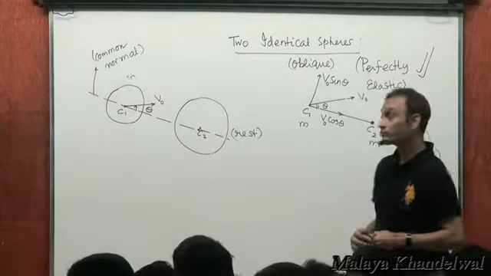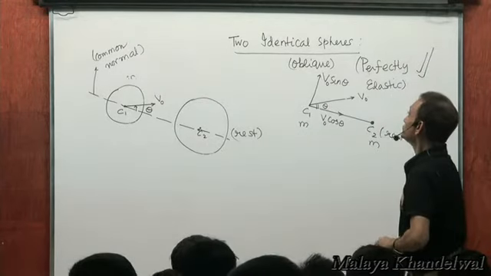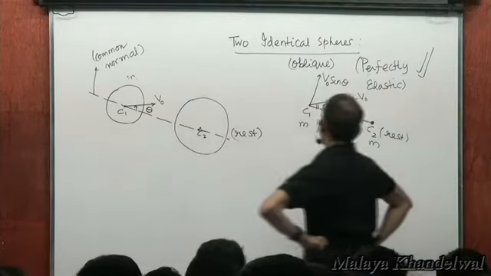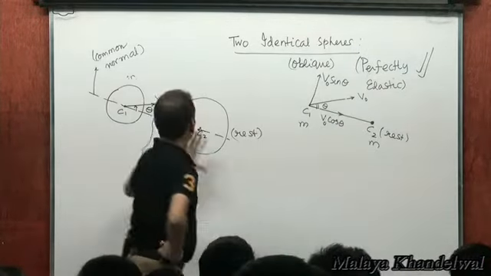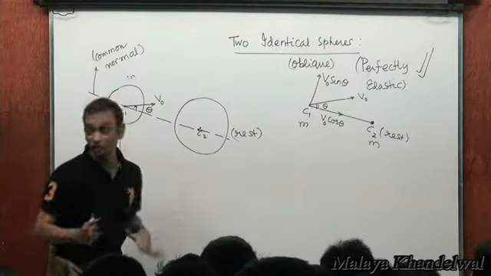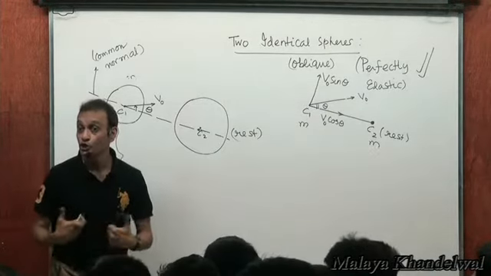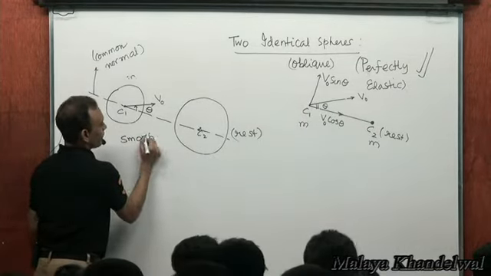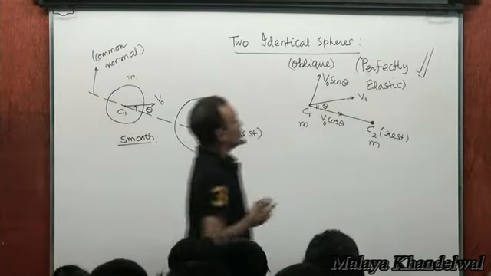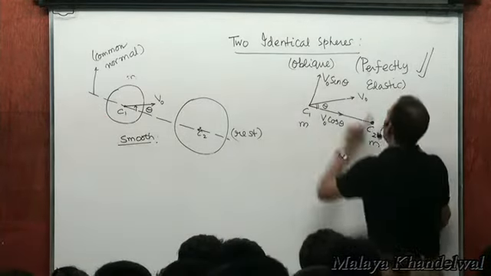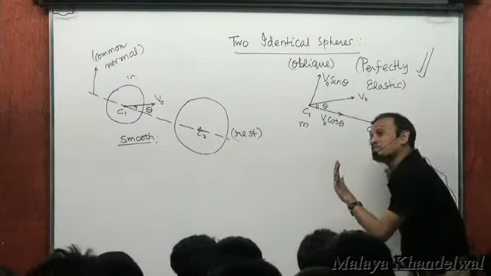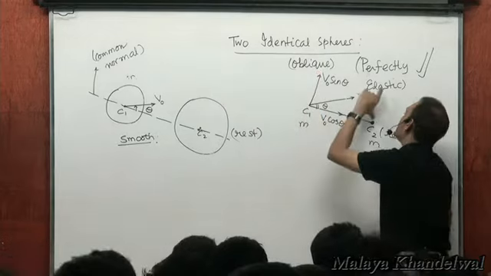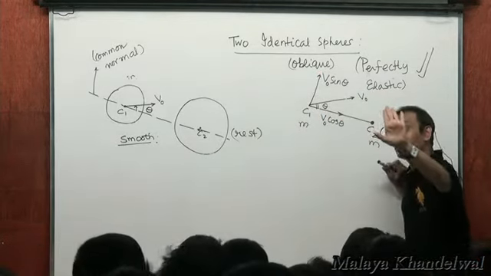Now observe that if these two units were smooth, that means there was no friction, then the velocities of C1 and C2 in the parallel direction will stay preserved. If the two colliding units were smooth, then their velocities perpendicular to the line joining their centers will remain the same.